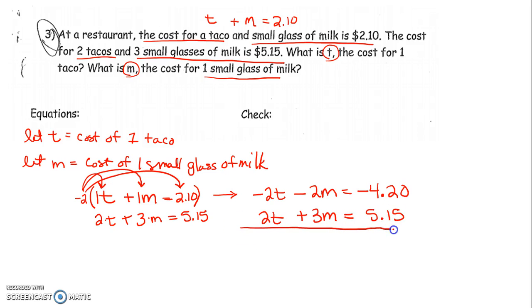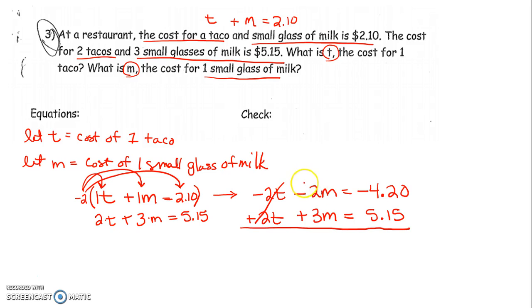And the whole point in doing that, in making these variables match with opposite signs, is that now I can use my addition elimination. If I just combine these, once I've distributed through a negative 2, my coefficients for the t match and are opposite signs. Negative 2t plus 2t, bye-bye, those zero out.